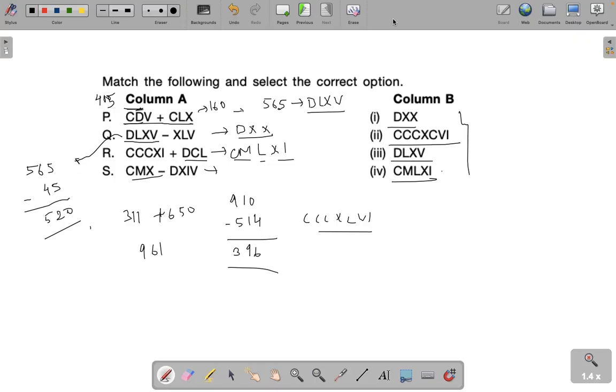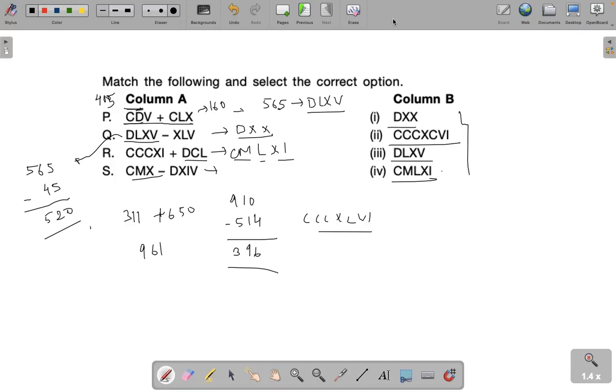Then the rule is from the left hand side we have to subtract and from the right hand side we have to add. Then the third rule was left hand side subtract and fourth was right hand side add.